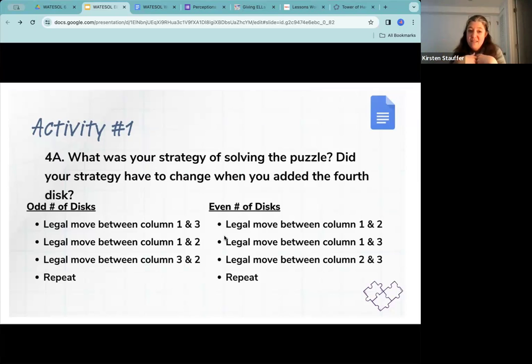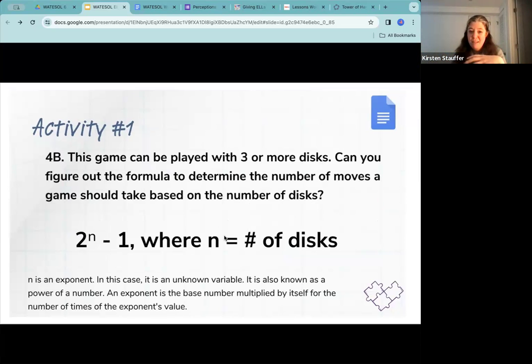And then having them work together after they've come up with the strategies and the time and the numbers, then having them determine, can you create a formula based off of how many discs and how many moves? So figuring out a math equation to go with it.